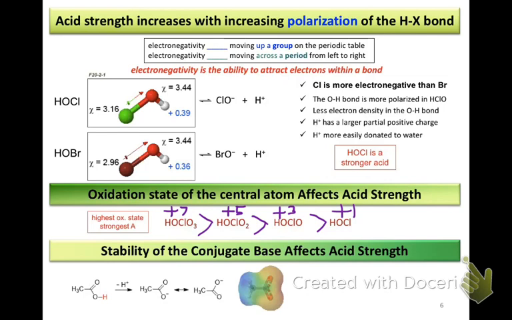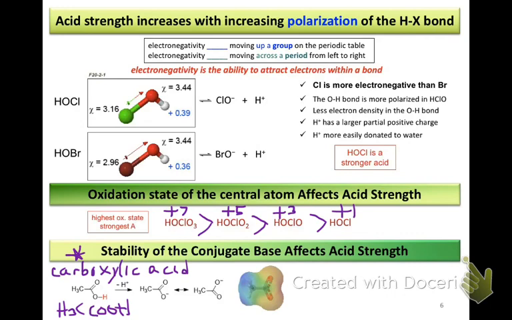We saw a little bit before about resonance. And here again, the stability of the conjugate base is going to affect the acid strength. So this is a carboxylic acid that you may remember from Chem 110. Sometimes we write it H3CCOOH. The red proton is the acidic one, and if we pull that off, then we have resonance, where we can share electron density between more than 2 atoms.